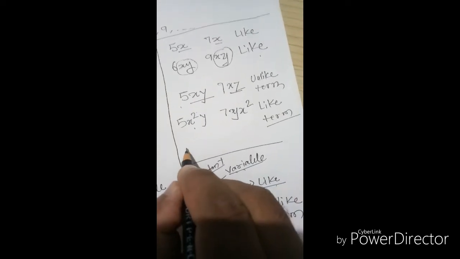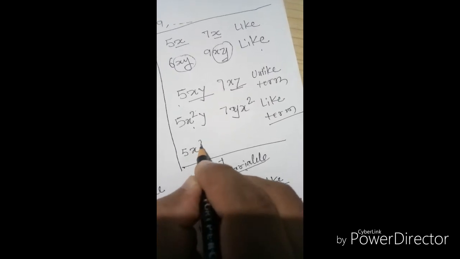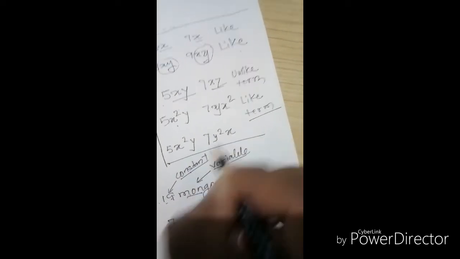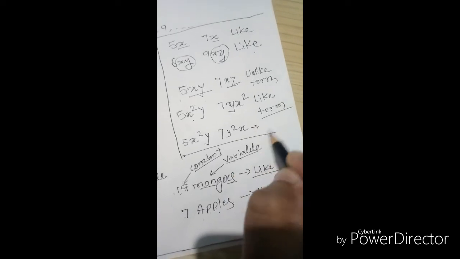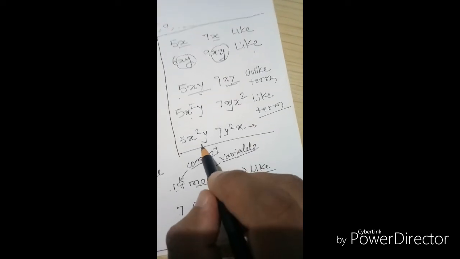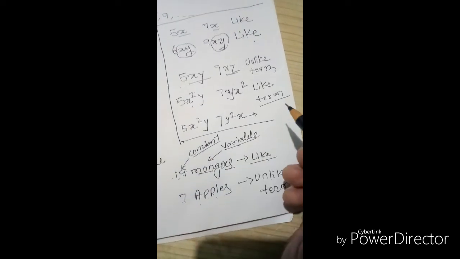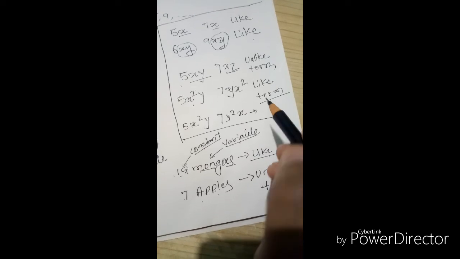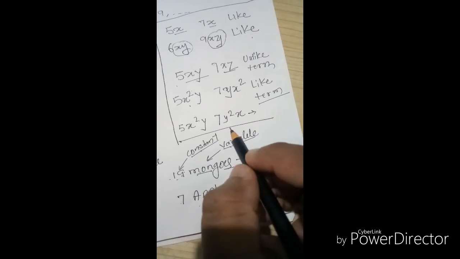But if I write like this, 5ax squared y and 7y squared x, it's a very tricky thing here. If you don't watch carefully, you will miss the term. My question is whether it is like or unlike. Take your time. Yes, if you answered unlike terms, then it is absolutely correct.